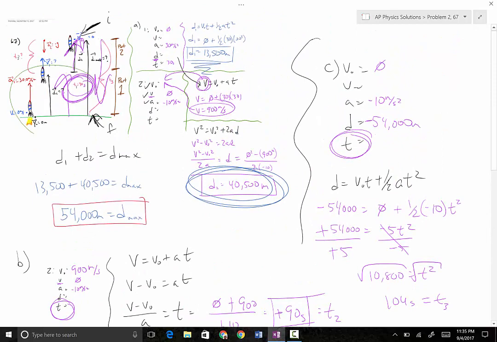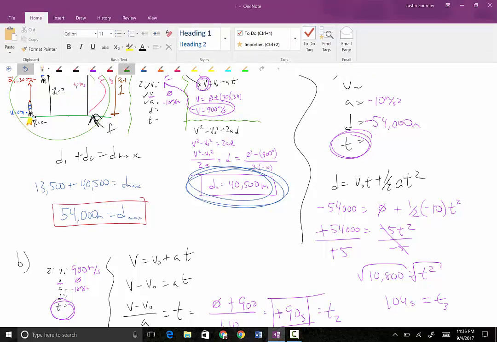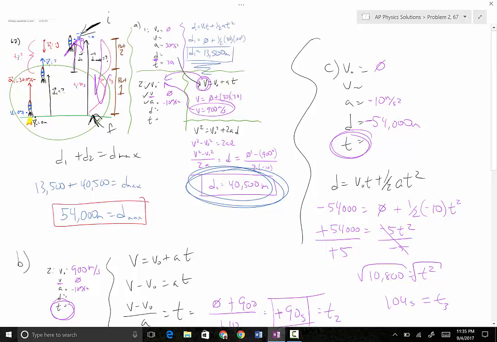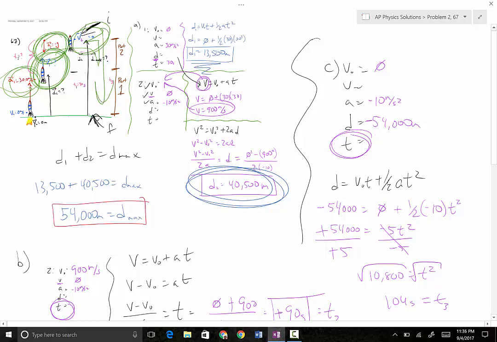I know at the first part it's accelerating at 30 meters per second squared, and then the rocket cuts off while it's still moving up and starts to accelerate at negative 10 meters per second squared. And it does so even as it stops here and moves down.